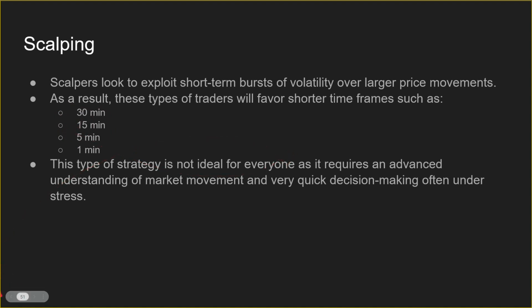So let's say there's a large shift, a large trend in the daily. Scalpers, or these smaller time frames, are just small movements, small patterns, small zigzags within that larger swing on the daily. So people that are scalping or even day trading are just playing those small micro movements, those small micro patterns within the larger time frame.